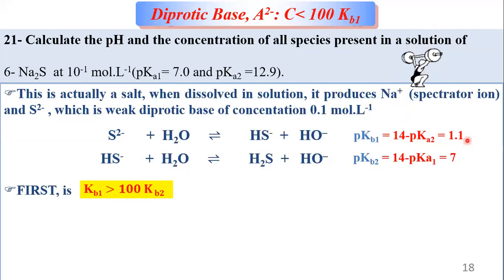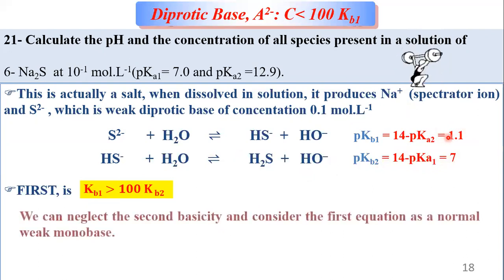Okay, so once that's determined, is Kb1 greater than 100 Kb2? Well, what's Kb1? 10 to the minus 1.1. What's Kb2? 10 to the minus 7. Well, of course, this is way bigger than Kb2. And so what can I do?